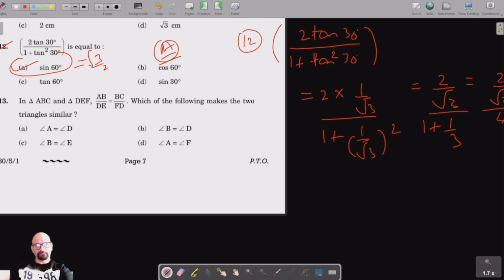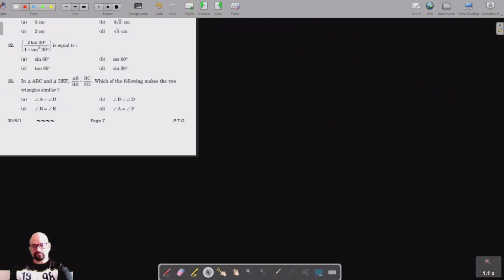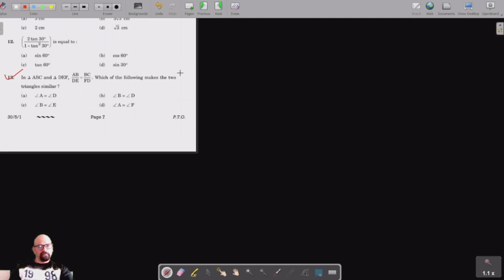For question number 12, before question number 13, it's given that in triangle ABC and triangle DEF, there is a set of corresponding sides that are in proportion.